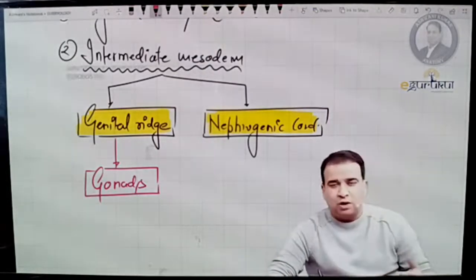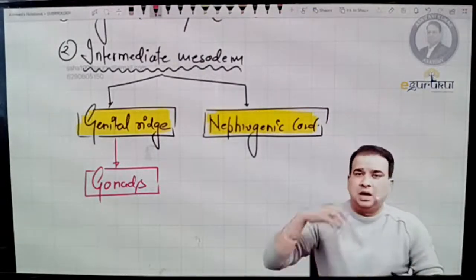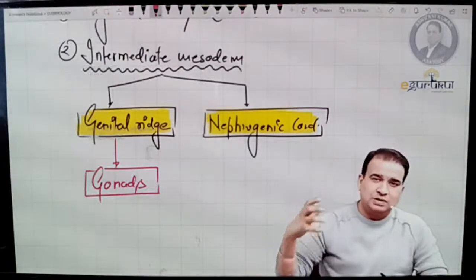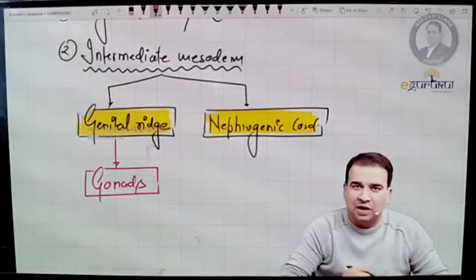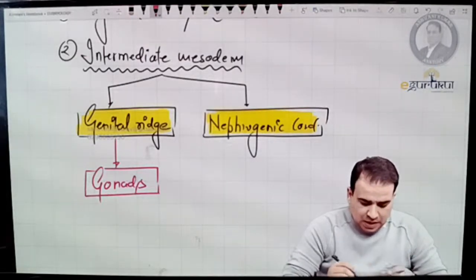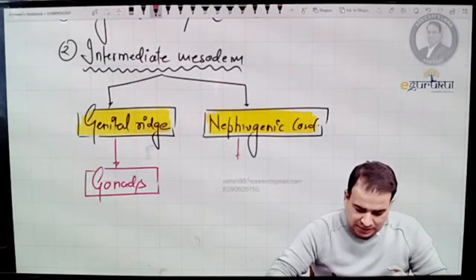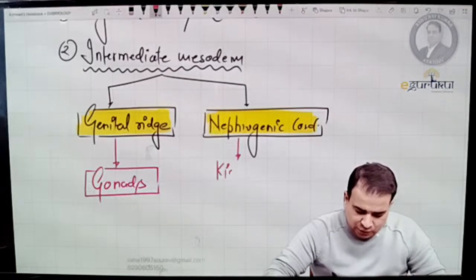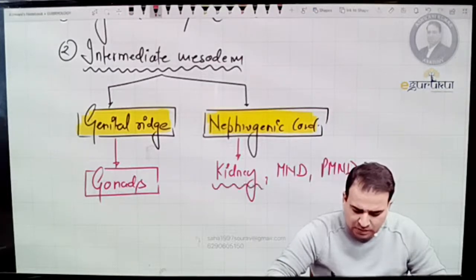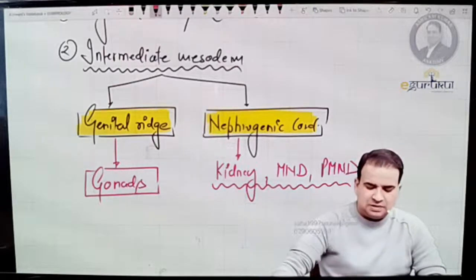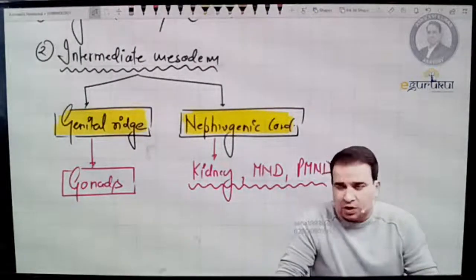The nephrogenic cord is the portion which will divide into the pronephros, mesonephros and metanephros, and then we'll see how exactly the kidney comes into the picture. So I can say the nephrogenic cord is the portion from where the future kidney and even ducts like the mesonephric duct and paramesonephric duct will form; their formation events take place in the nephrogenic cord.